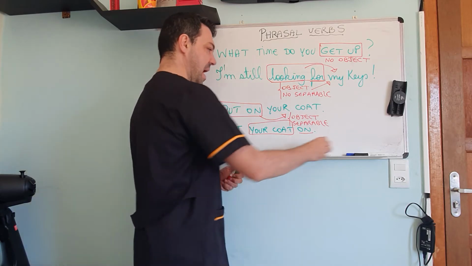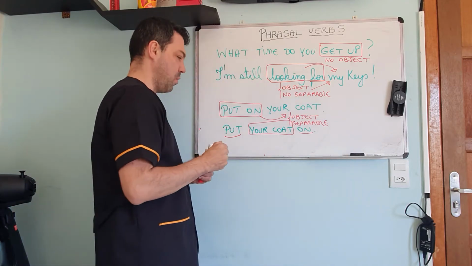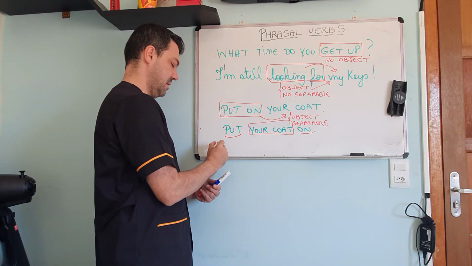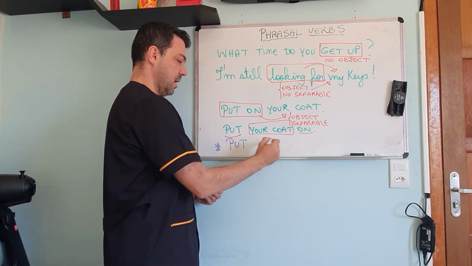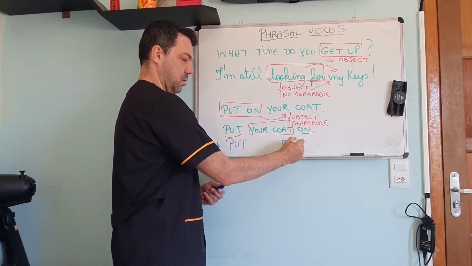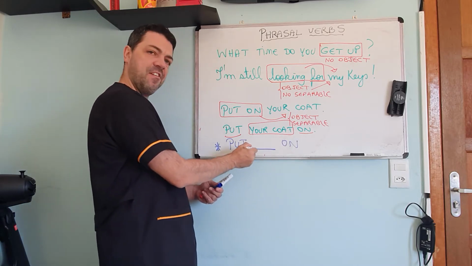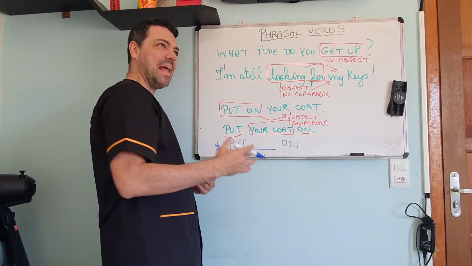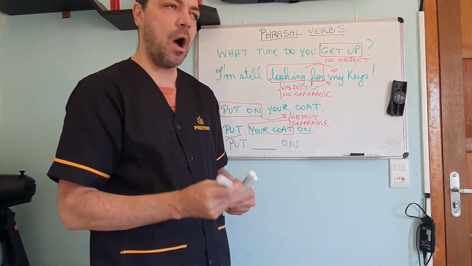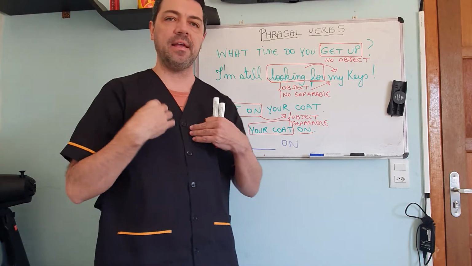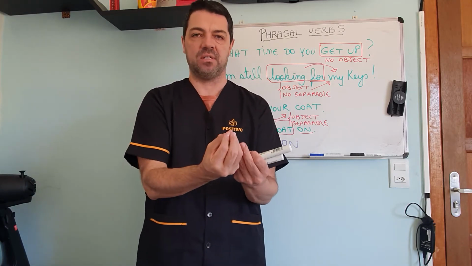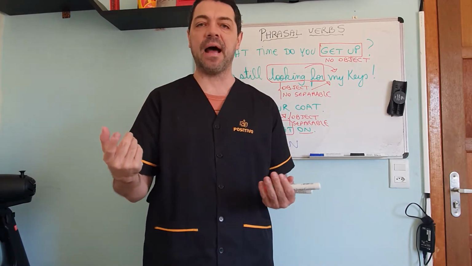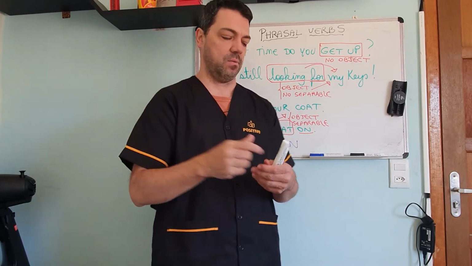But then you have a third way of writing that. That's important. Put on. Okay? I want something here. But let's say that I already know I'm talking about the coat, and I don't want to repeat the word coat. So I'm going to use the object pronoun.